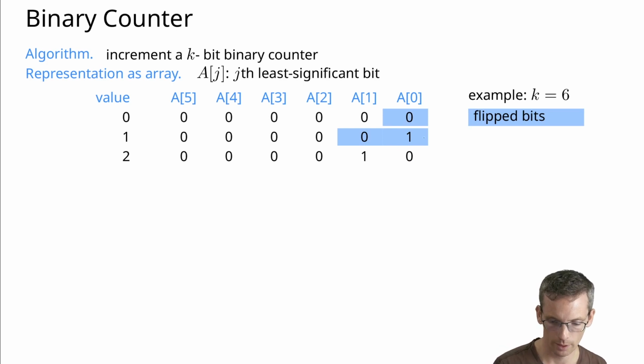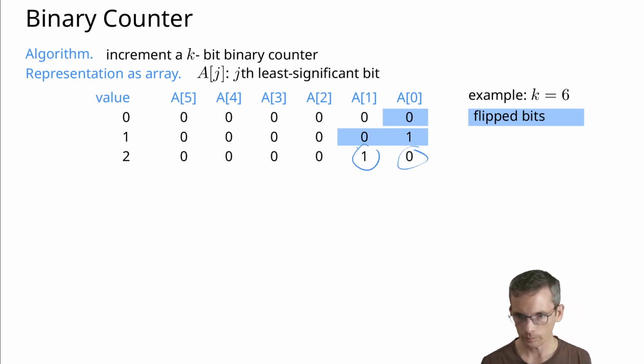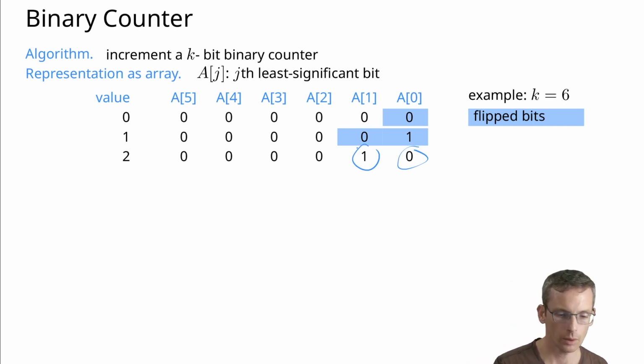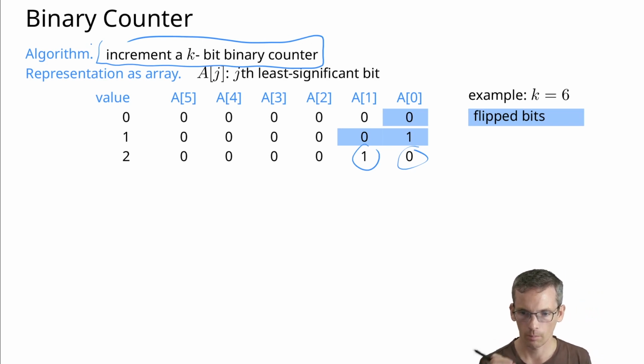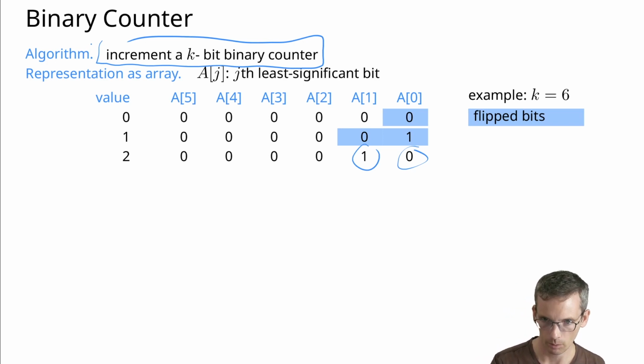So for 2, we have here 0 and there 1, and so on. The operation we're looking at is increment. So we always do plus 1, plus 1, plus 1. And we are interested in how much time it takes to do n increment operations.